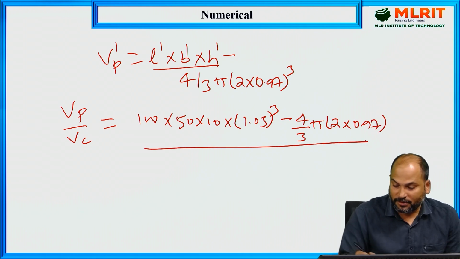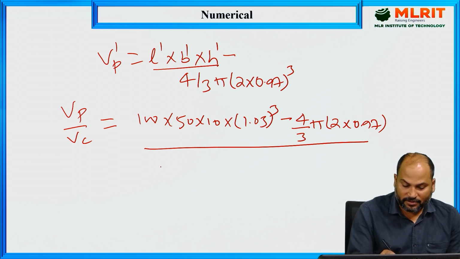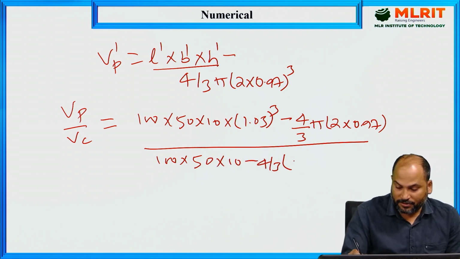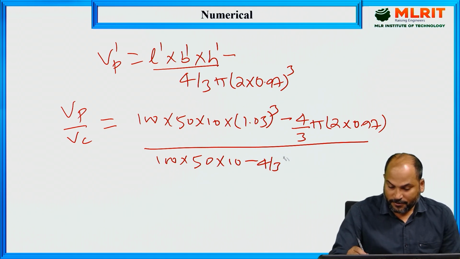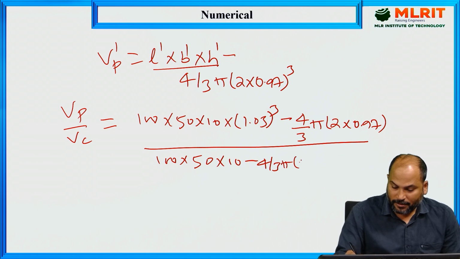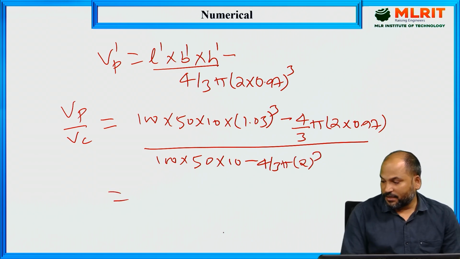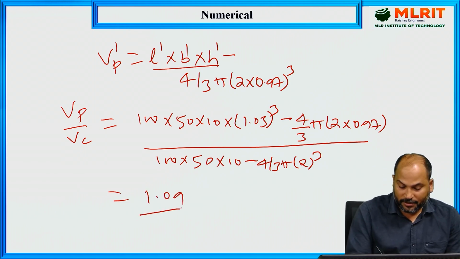And what will be the denominator? This will be the volume of the casting, which is 100 into 50 into 10 minus 4/3 pi into the cube of 2. When we calculate this, finally we will get the value 1.09.